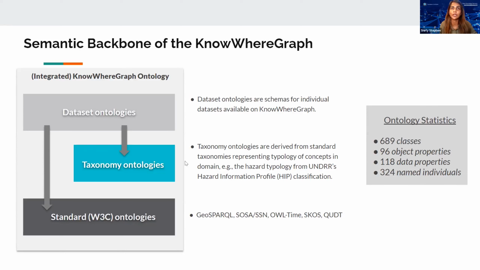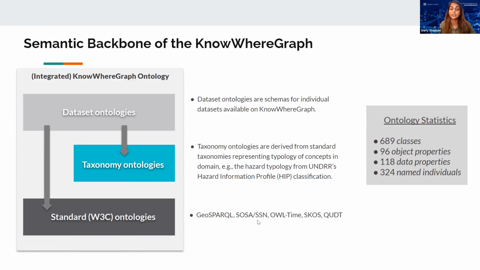These are derived from taxonomy hierarchies that provide a general and standardized typology of concepts in a domain. In KnowWhereGraph, we specifically use the hazard classification, or the HIP classification, developed by UNDRR, the United Nations Office for Disaster Risk Reduction. Finally, at the topmost level, we have the standard W3C ontologies on which both our dataset and taxonomy ontologies are grounded.